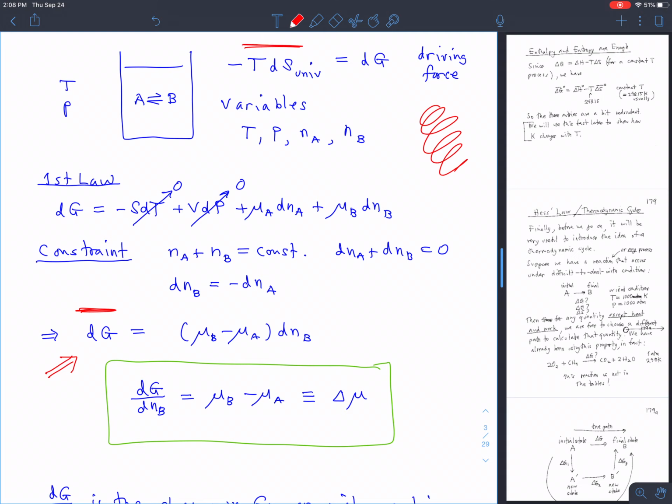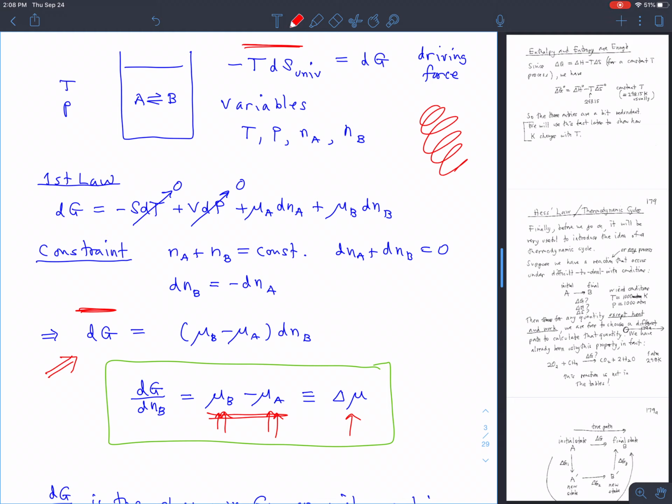And we saw that that driving force depends on the difference in chemical potentials between the reactant and product side. It's the chemical potential of the product side minus the chemical potential of the reactant side, and that's the net driving force. When these two are equal to each other, there is no net driving force, and we're at equilibrium. So when this is equal to 0, then we're at equilibrium.